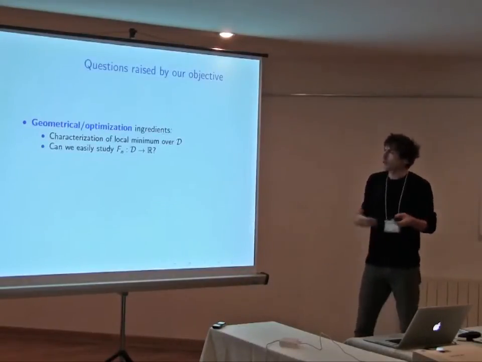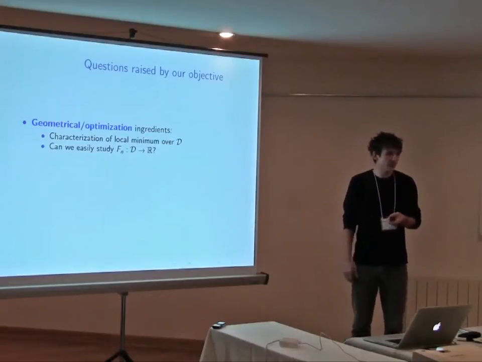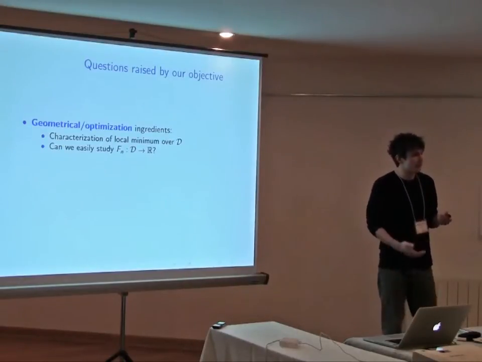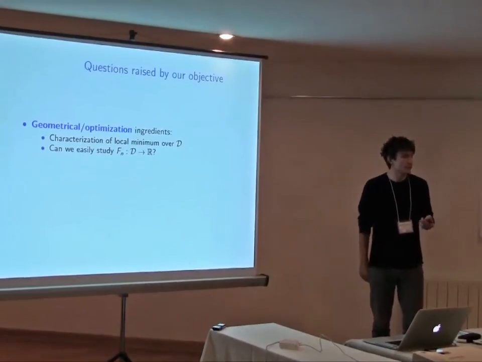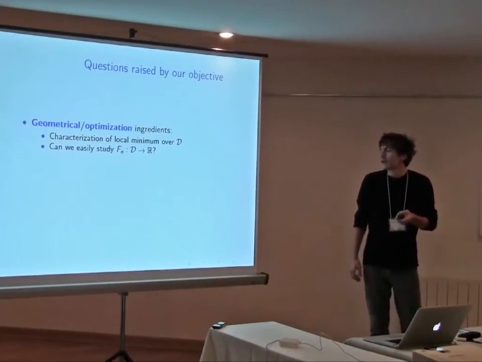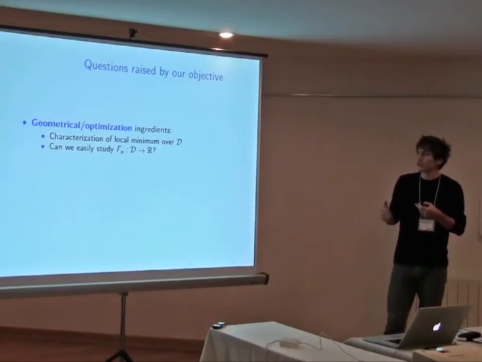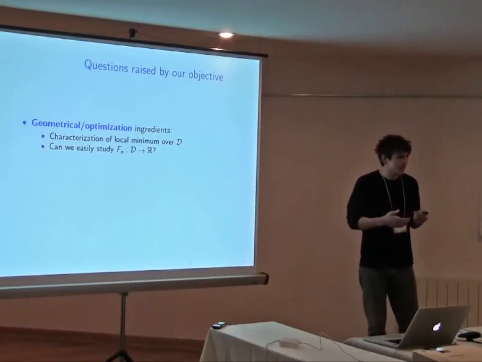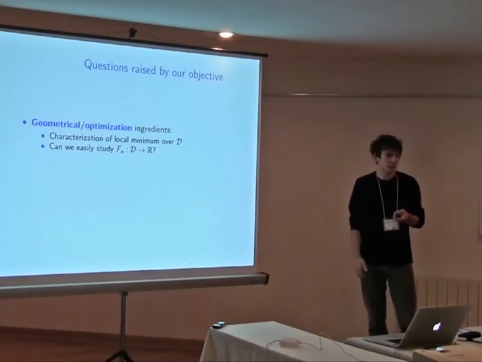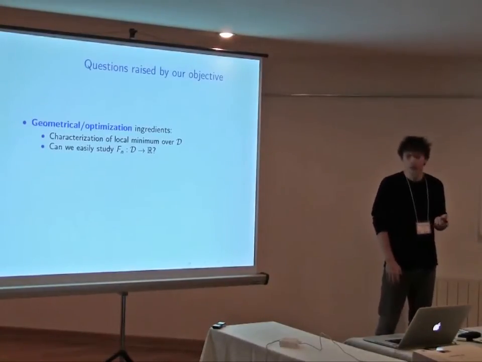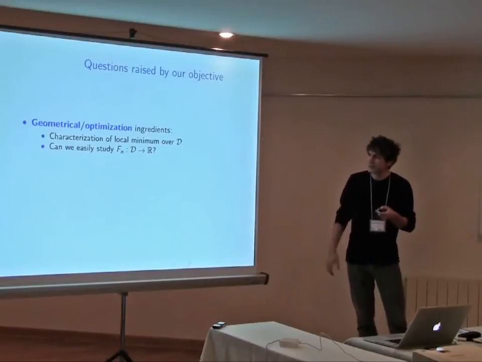So there are a couple of questions that are raised by our objectives, and I'd like to present a few of them; basically those questions represent the roadmap that I will follow in my talk. Interestingly, the questions are related to different aspects. The first aspects are related to geometrical and optimization ingredients.